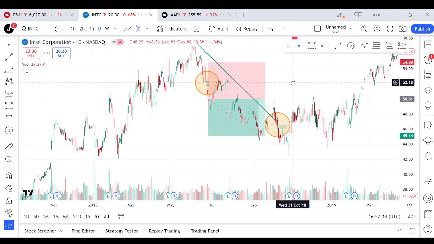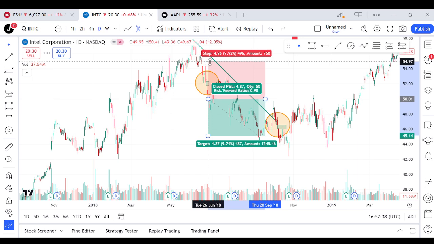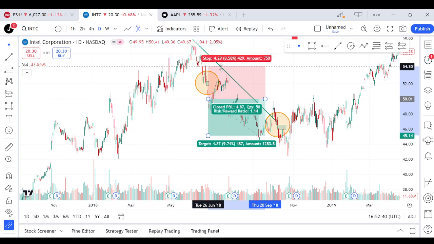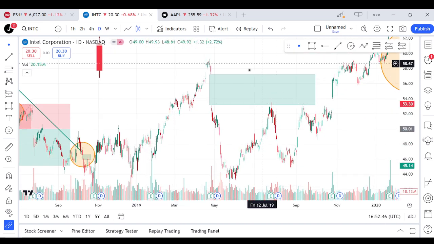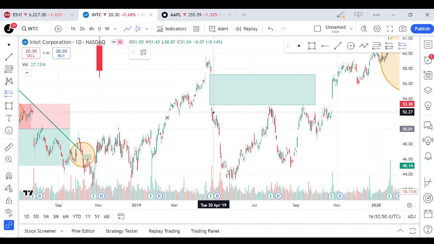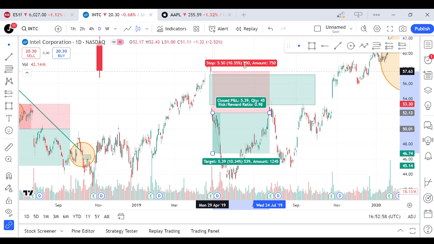But you shouldn't be expecting big risk to reward ratios, so you should just place your stop losses above the high of the first candle. Now this depends on the gap that has been created. If you have a very big gap like this one right here, you could just place it at the midpoint of the gap, or you could still place it at the high, but your stop loss is going to be very big.